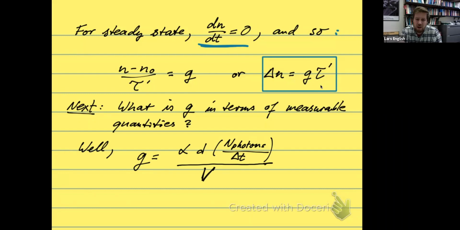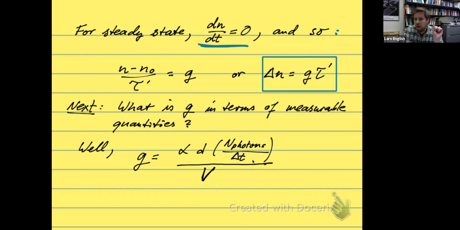Okay, so here comes this next formula. G should be proportional to how many photons hit the silicon per unit time. And here is the most important factor, right? This n photons over delta T. How many photons per unit time actually hit the crystal? That's the reason we get any additional electron hole pairs to begin with.